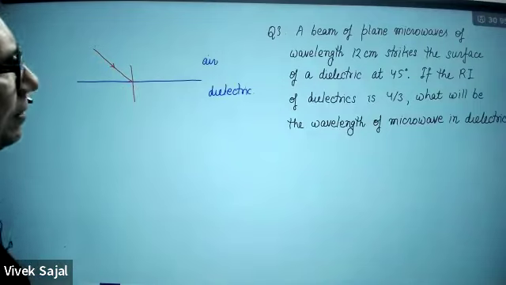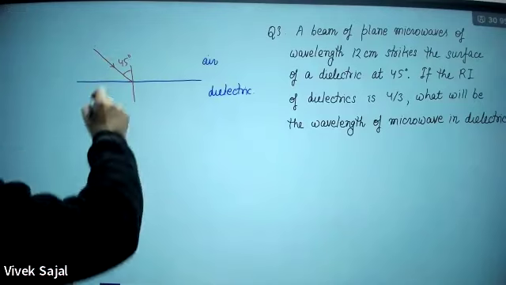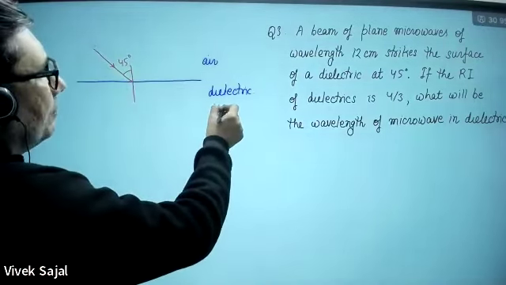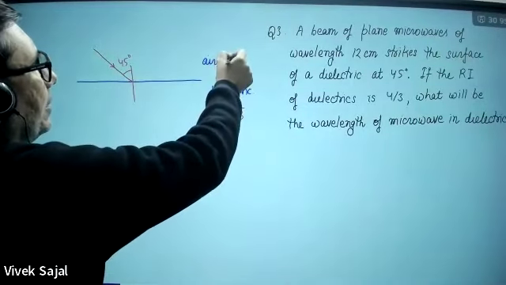The refractive index of the dielectric is 4 by 3. Here the refractive index of air is 1.